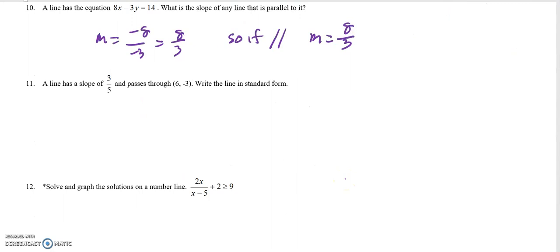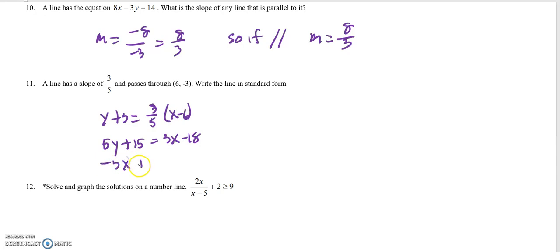And this one here, you could use the point slope form. Y plus 3 equals 3/5 times x minus 6. Then you get 5y plus 15 equals 3x minus 18. You get -3x plus 5y equals, if I subtract 15, I get -33. And then if I multiply by -1, 3x minus 5y equals 33.